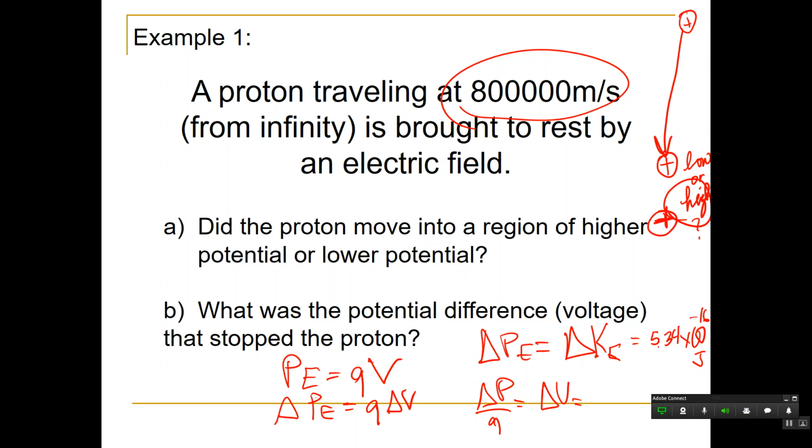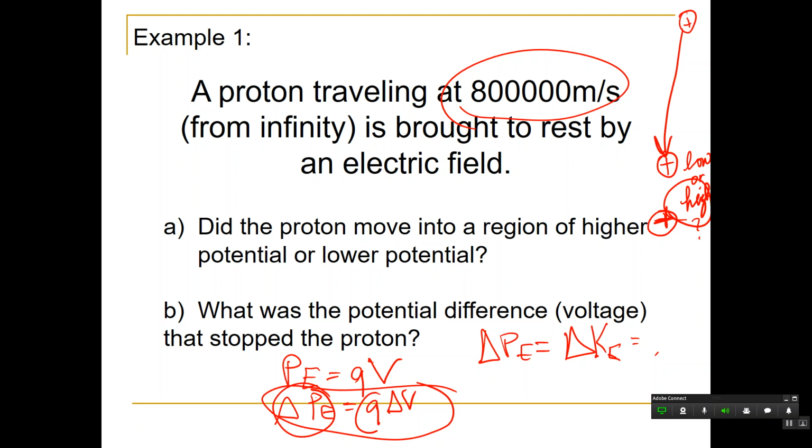Okay, so let me restart. You understand this relationship here? So we have to find out the change in potential energy. If we find the change in potential energy and divide it by the charge, I'm going to get my voltage, which is what the question is asking for. So my change in potential energy is going to be equal to my change in kinetic energy. Correct?